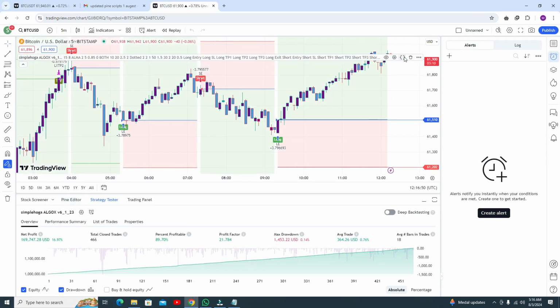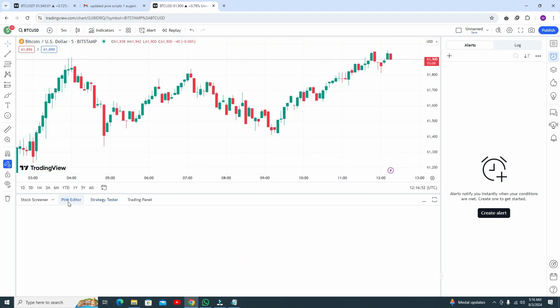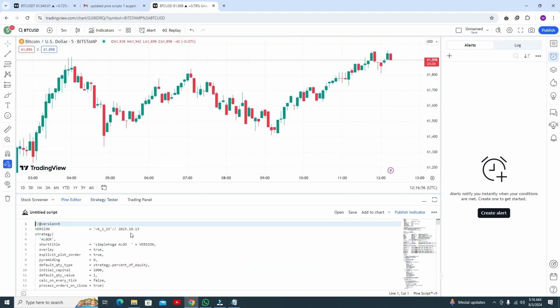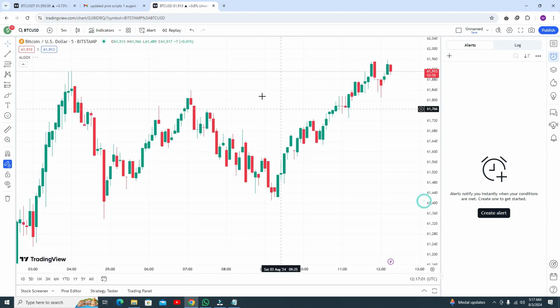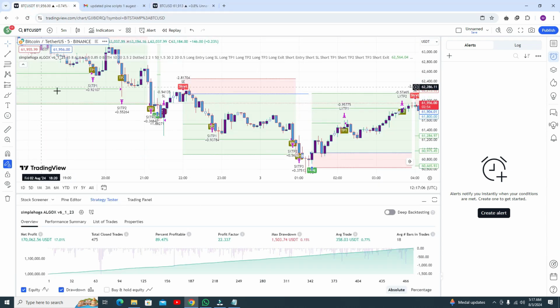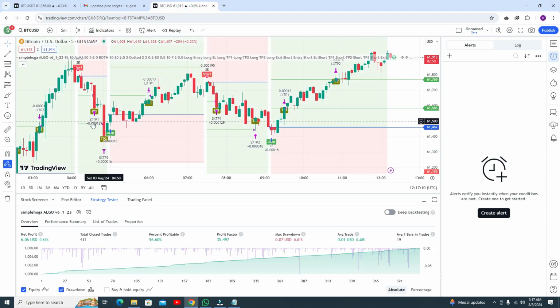I need to add this previous algo, because I just want to show you the difference between the previous one and the latest one. Now this one is the previous one, and this is the updated one, I named it Algo X, and the previous one is just simple algo.